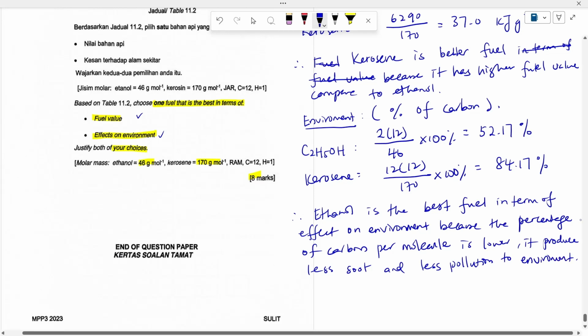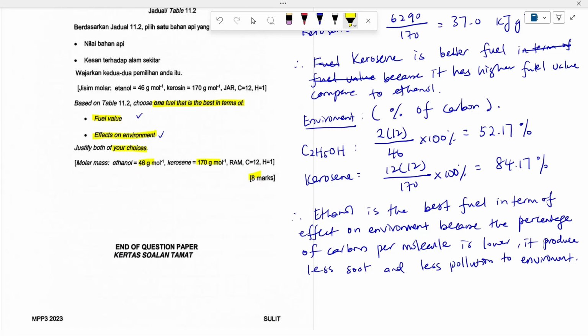So this is how we justify, based on the fuel value and the effect on the environment. So these are the choices.